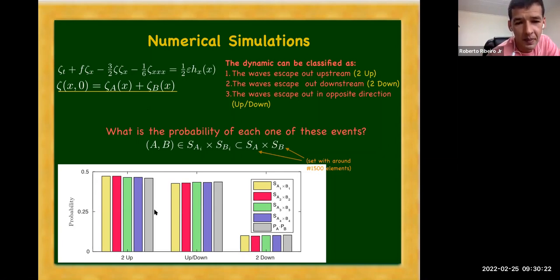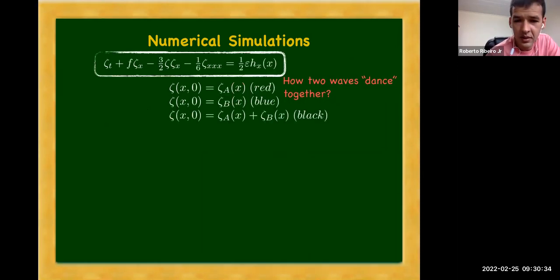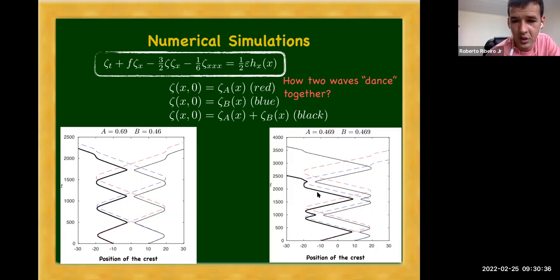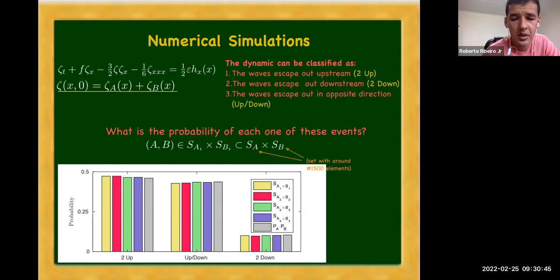So basically, we see here that if you consider the probability of independent events, the probability is almost the same, which leads us to conclude that in this kind of situation, although you know that one wave affects the dynamic of the other, when you look at this scenario statistically, the dynamics of the two waves are basically independent of each other.